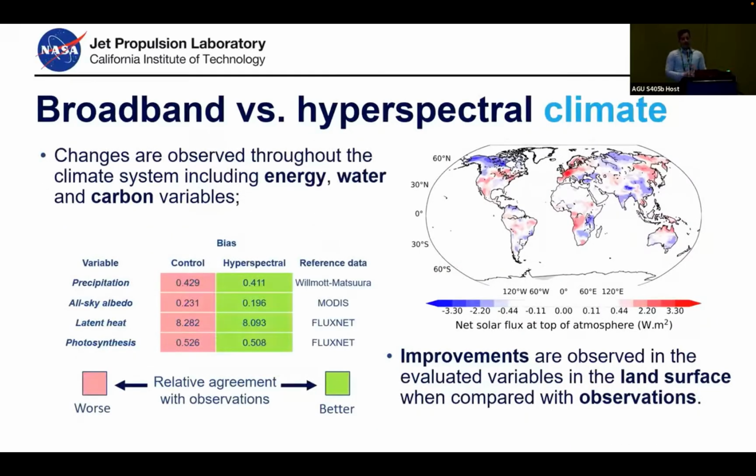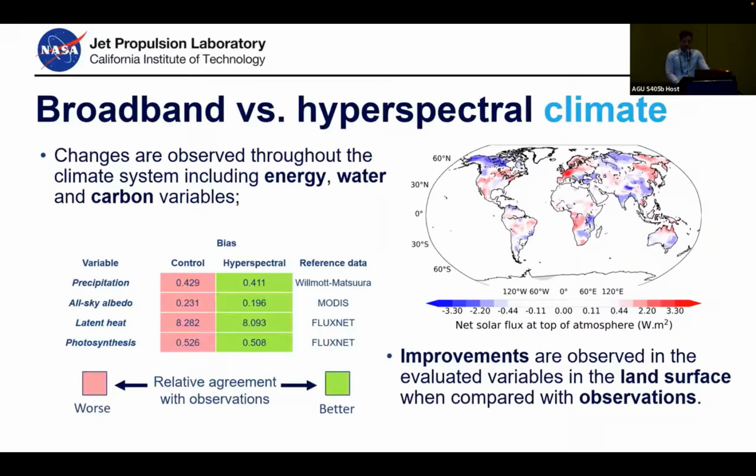And here are some results. I'm not going to go through all the differences in the model for the sake of time, but I can tell you that changes were observed throughout the climate system, including energy, water, and carbon variables. We didn't run the biogeochemical mode, but I suppose that if it was on, we would see differences in the nutrient cycles as well. But here I will show you four variables that we evaluated and compared against observations.